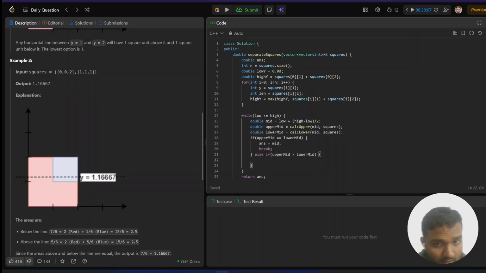Okay. Then our low y will become the mid, and there will be no change in the high y, or else our high y will become mid. I think I am correct.